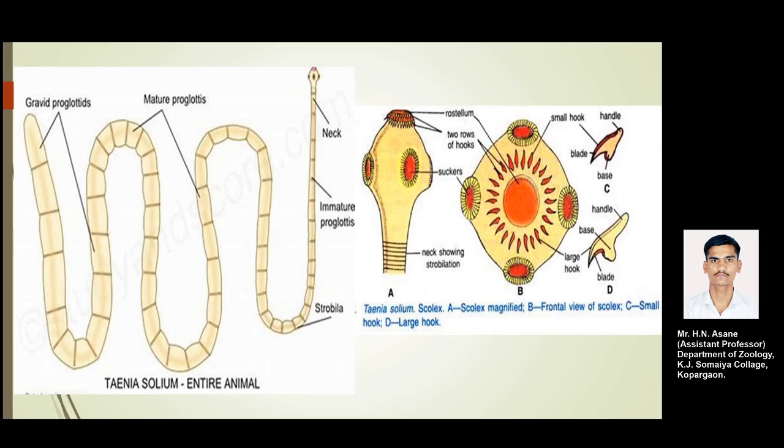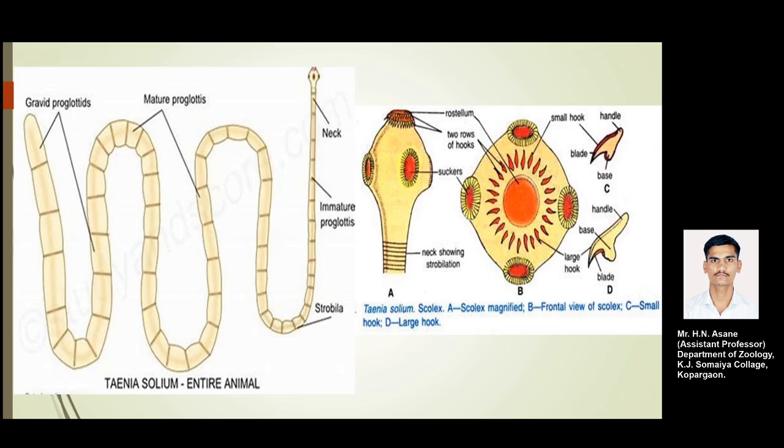Other organs are degenerated in these proglottids. These segments are longer than broad, as you can see.